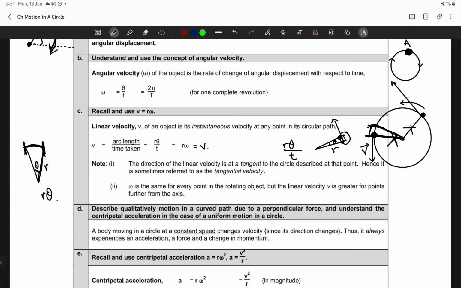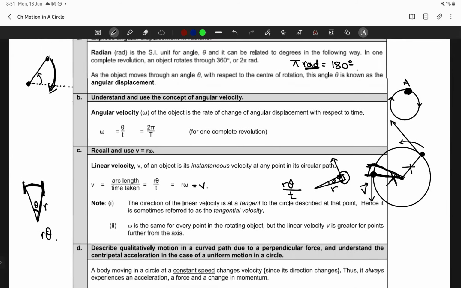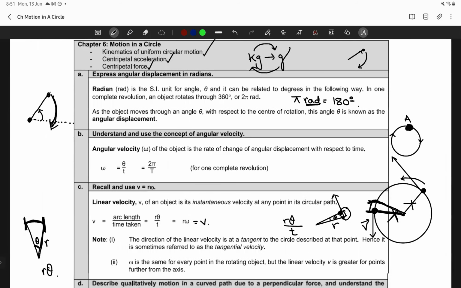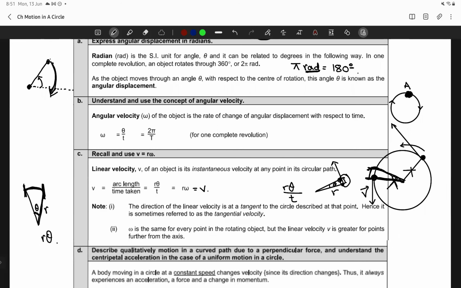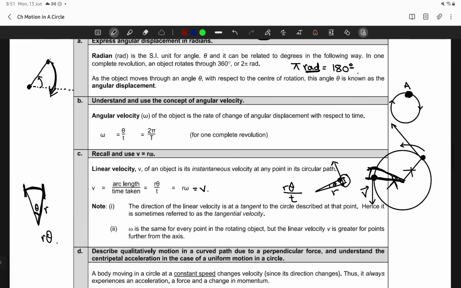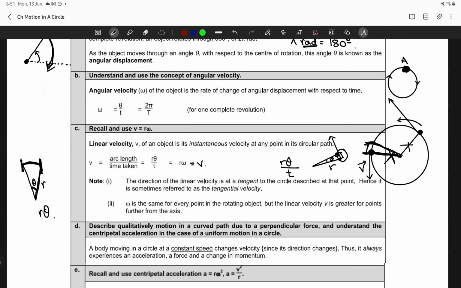Yes, 2 minutes and 54 seconds. Right, so we have around 3 minutes left. Is there any question from whatever we have discussed so far? No questions. Okay.